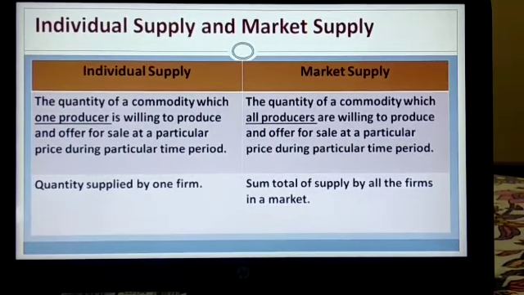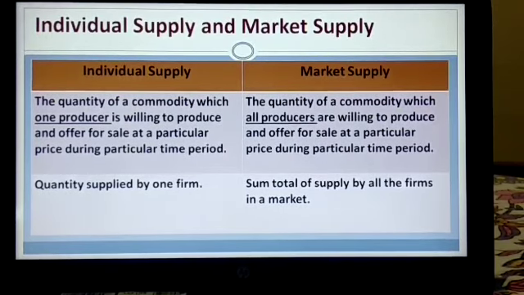The quantity of a commodity which one producer is willing to produce and offer for sale is called individual supply, and the quantity of a commodity which all producers for a particular product are willing to produce and offer for sale is called market supply. Quantity supplied by one firm is individual supply, and the sum total of supply by all the firms is called market supply.